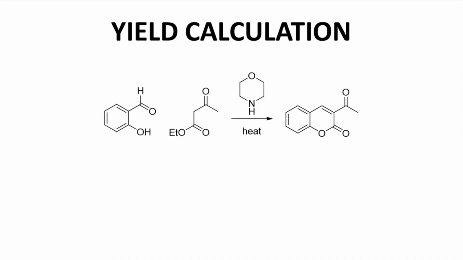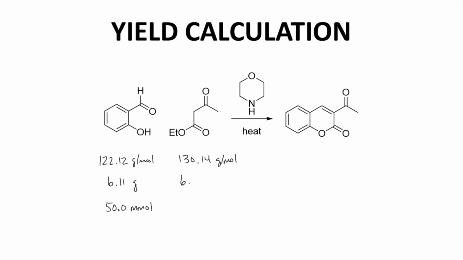Let's finish with a yield calculation. So the aldehyde has a molecular weight of 122.12 grams per mole. We used 6.11 grams of this material. That is 50.0 millimoles. For the ketoester, the molecular weight is 130.14 grams per mole.